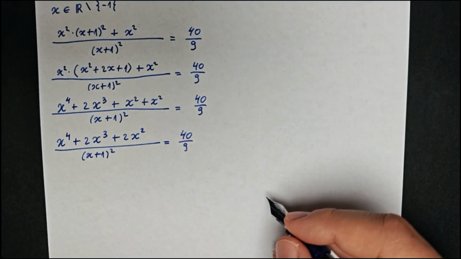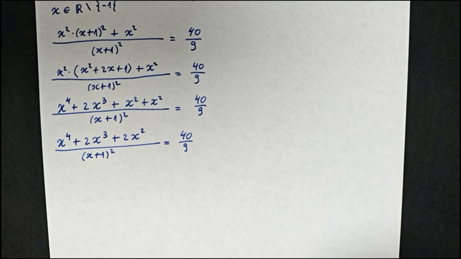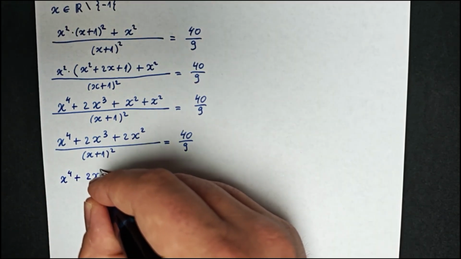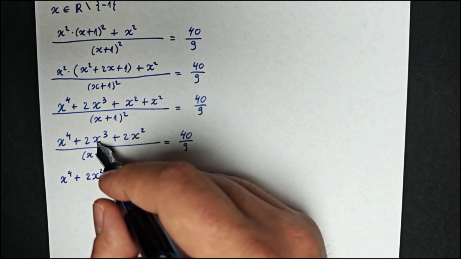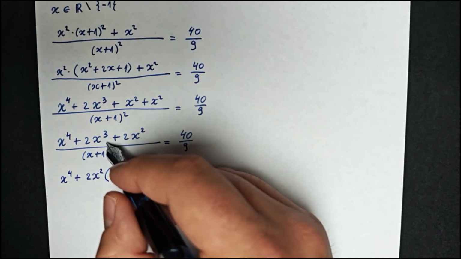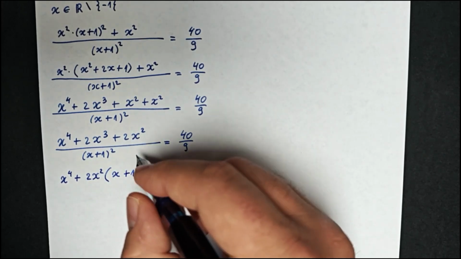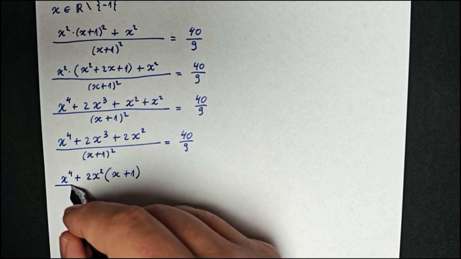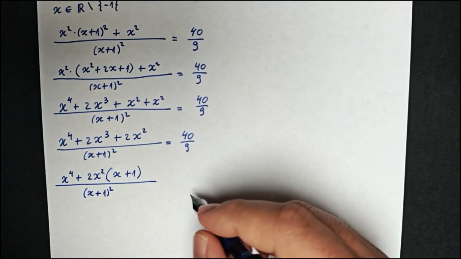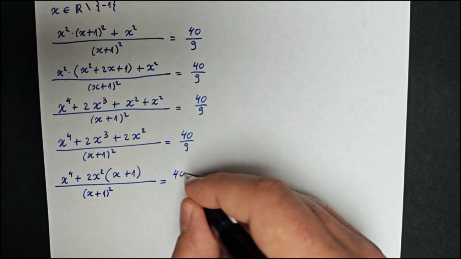Now I can write the left side of the equation as x²(x²+2x+2), as x² is in common, and I have x left from this term, and plus 1 from this last term here. And that is going to be divided by (x+1)², and that is equal to 40/9.